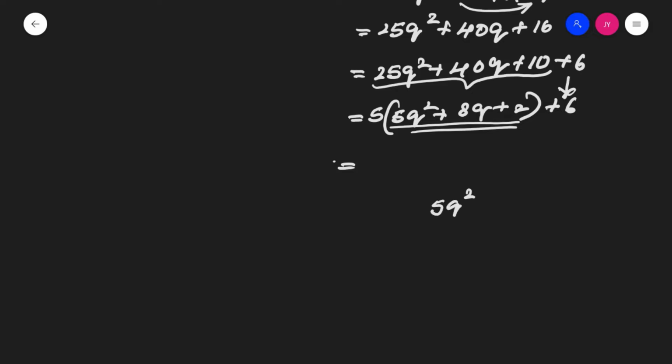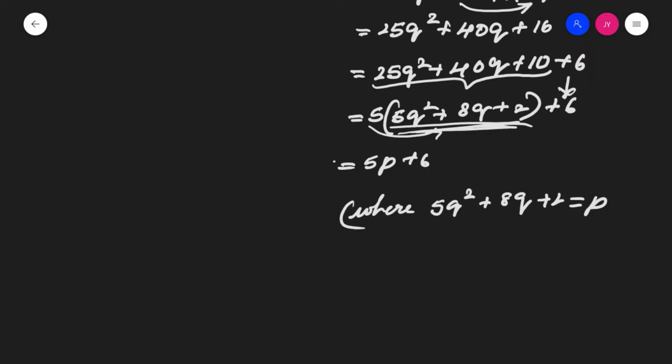So 5q square plus 8q plus 2 is equal to p. So if this is equal to p, then 5 into p plus 6 is 5p plus 6. So where 5q square plus 8q plus 2 is equal to p, then it is 5p plus 6.